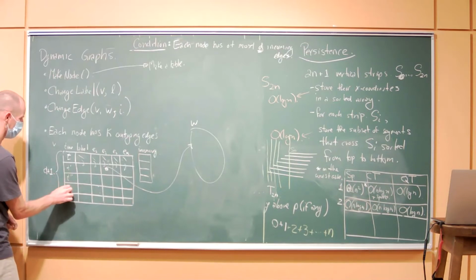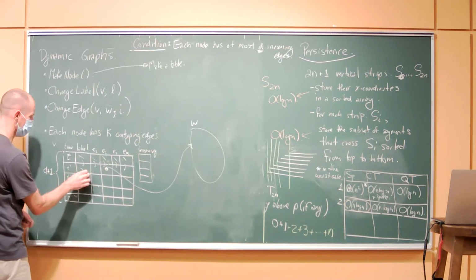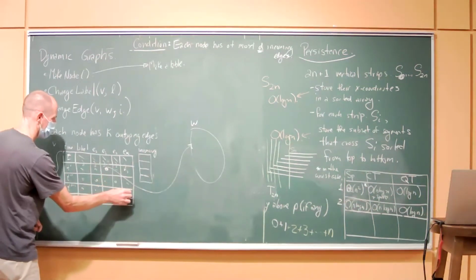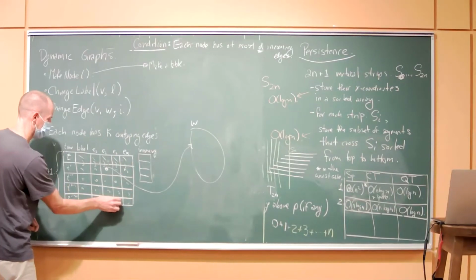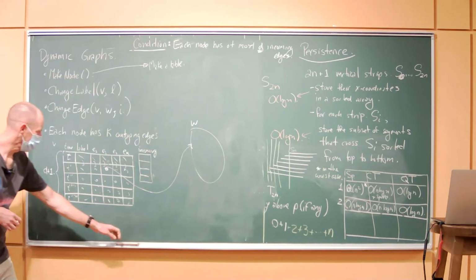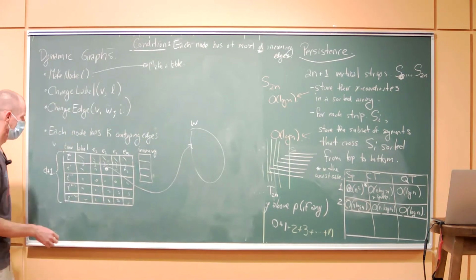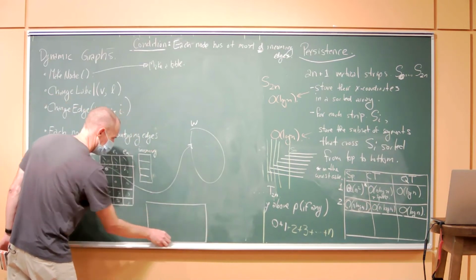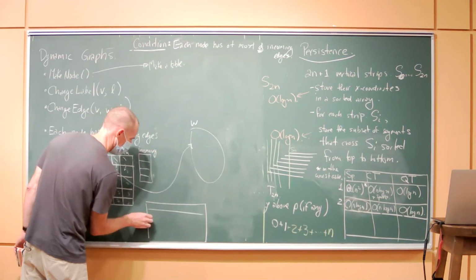So that's change edge, except sometimes we don't get lucky and we end up changing an edge on a table that looks like this. It's completely full. So now what do we do? No problem. We create a new table, same size as the previous one.